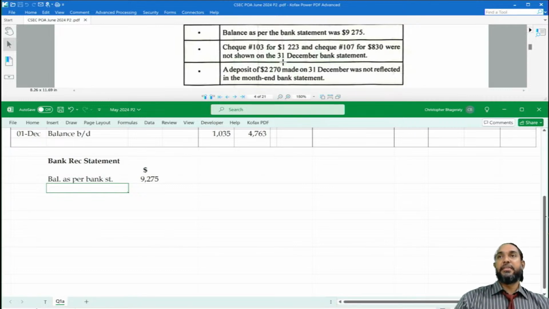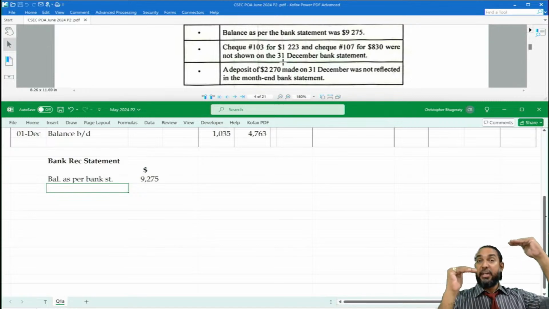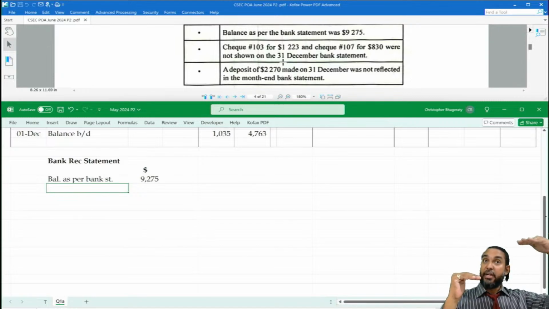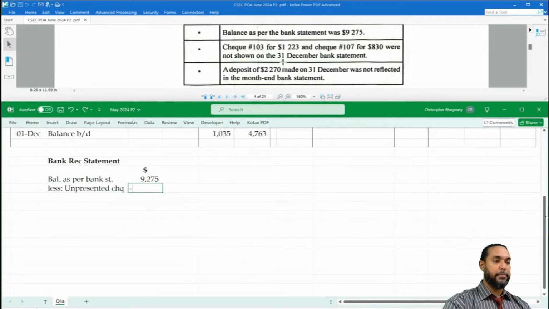So what that means is that our cash book went down, but the bank statement did not. In order to have these two agree, we have to subtract it from the bank statement balance, because that's what's going to happen when the checks actually get presented. They're going to take money out of the account. So less unpresented checks, right? So we have two. We have 1223 and 830.